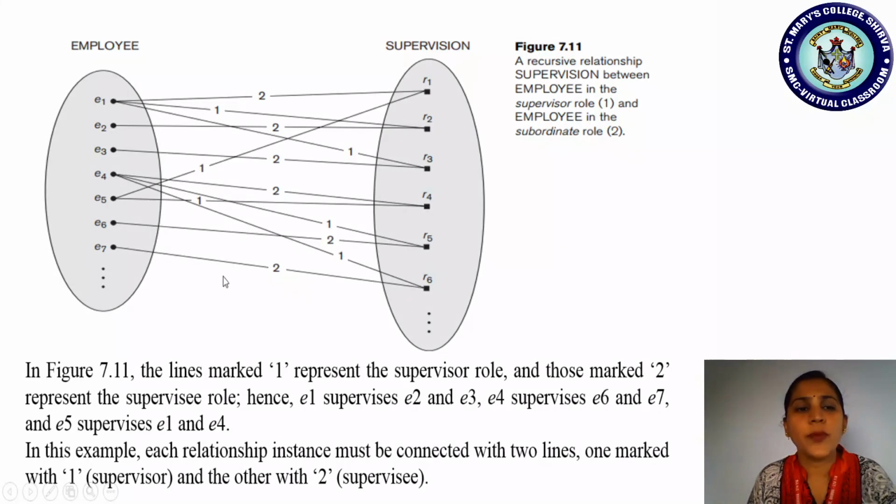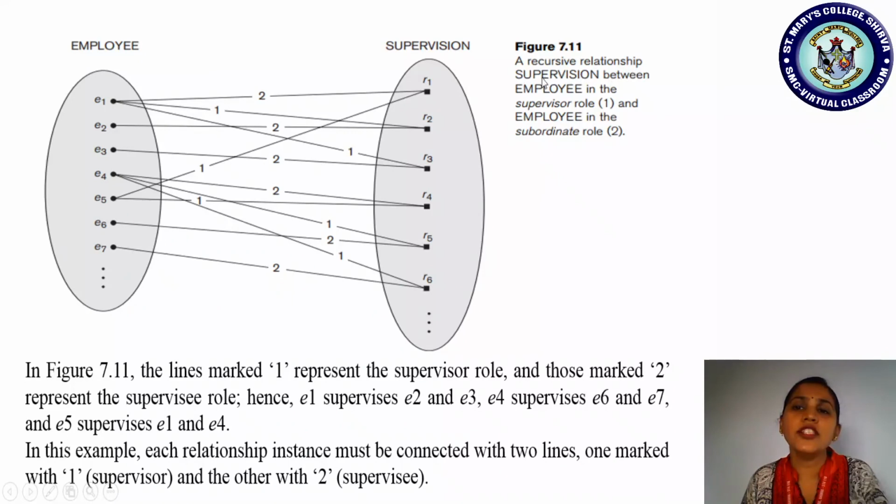E7 also a supervisee. So this is how the recursive relationship is being shown. In this example, each relationship instance must be connected with two lines, one marked with 1 and the other with 2. So 1 is supervisor, 2 is supervisee. This is the representation of a recursive relationship.